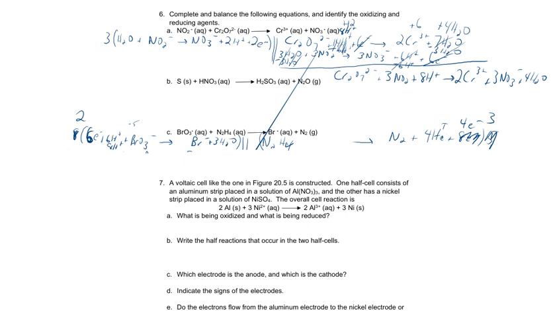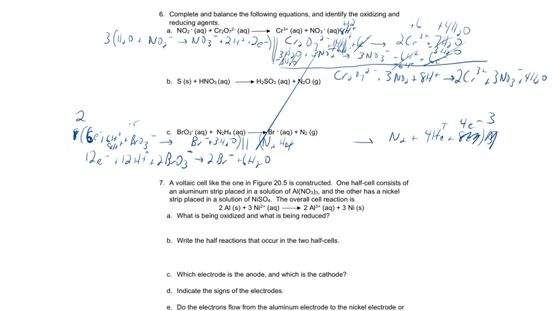Anyway, that's 12 electrons plus 12 H pluses plus 2 BrO3 minuses, still there, gives me 2 Br minus plus 6 H2O.